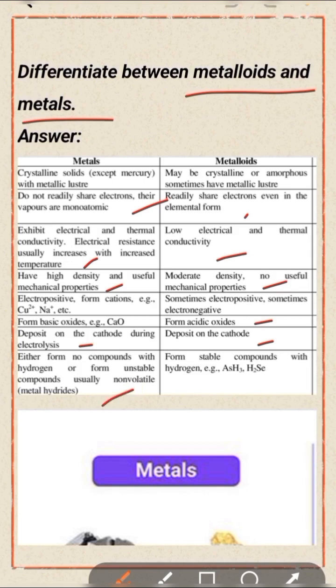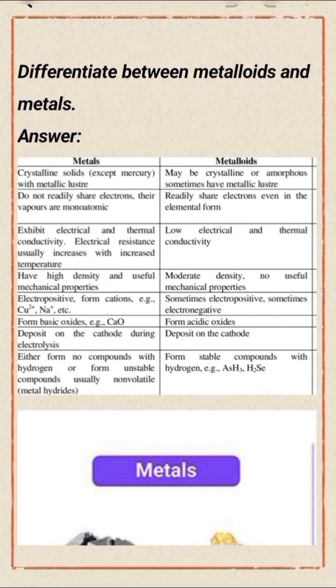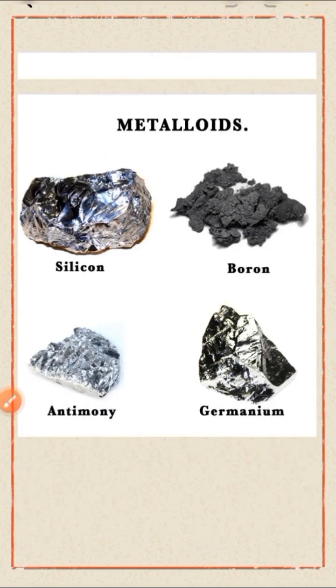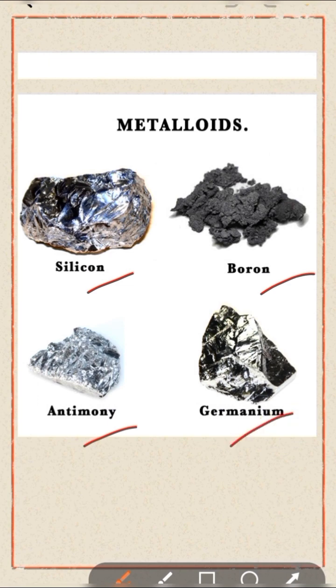But metalloids form stable compounds with hydrogen, for example arsenic hydride, AsH3, H2Se, selenium hydride, etc. Examples of metals: lead, gold, silver, copper. Some examples of metalloids: silicon, boron, antimony, germanium.